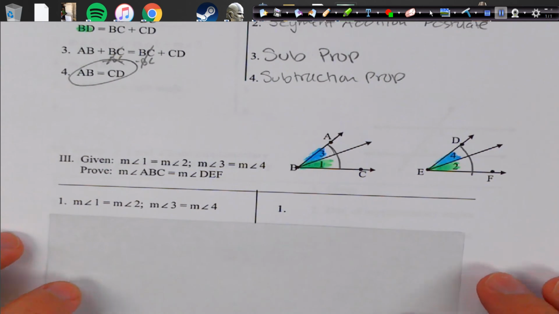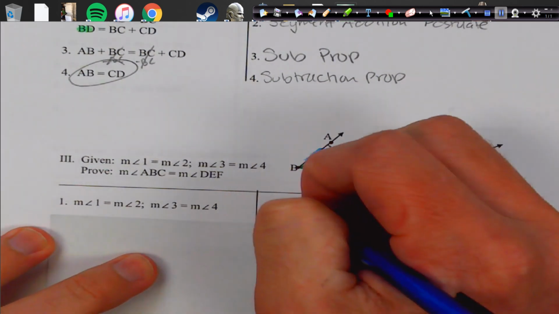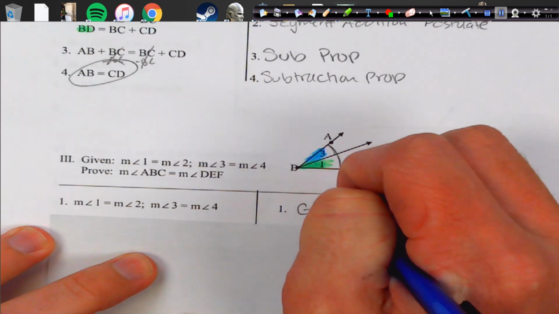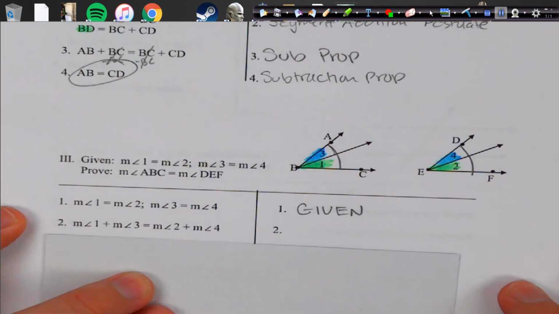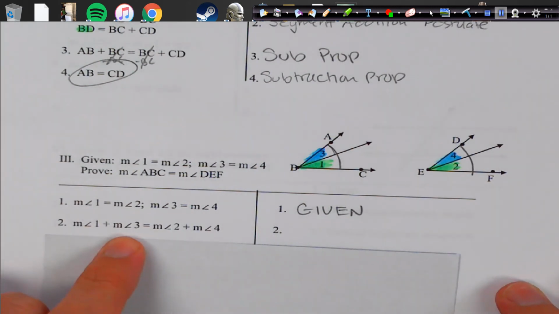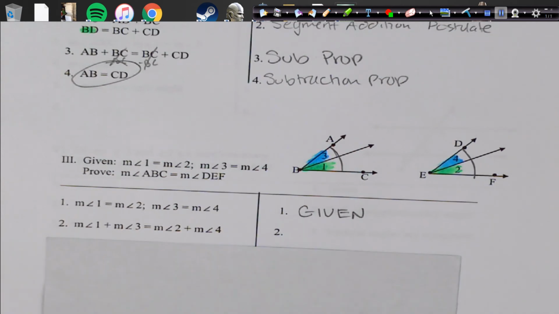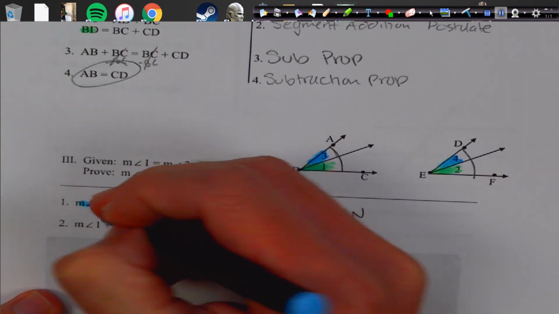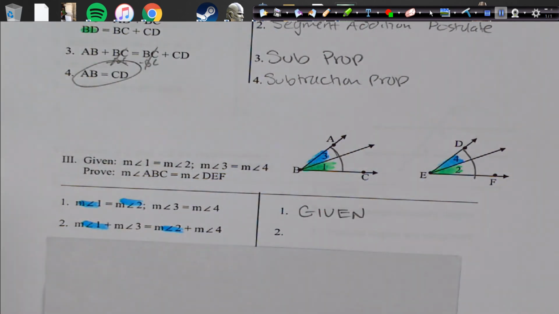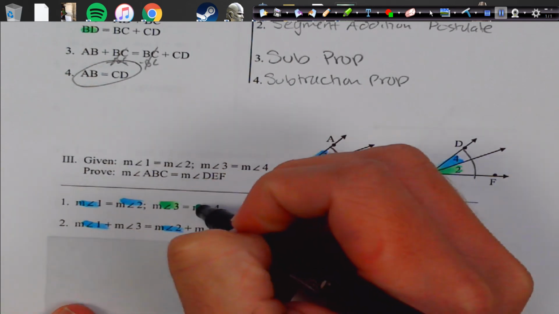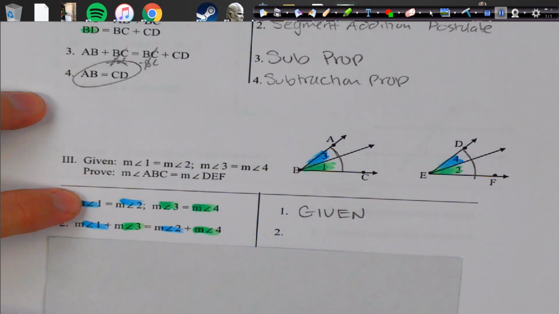All right, part 1, angle 1 equals angle 2, and angle 3 equals angle 4, our favorite, given. Okay, part 2. Angle 1 plus angle 3 equals angle 2 plus angle 4. How'd I get that? Well, do you see how this original statement is angle 1 equals angle 2? And if it's true that 3 equals 4, do you see how I'm just adding 3 and 4 to this original blue equation?